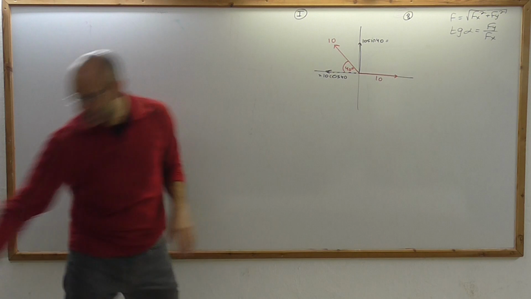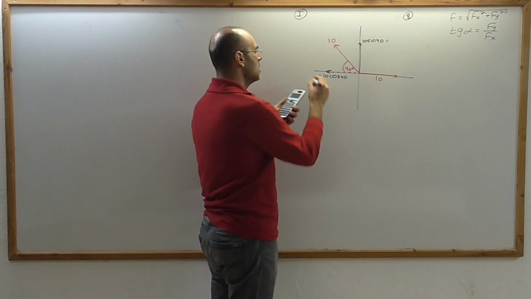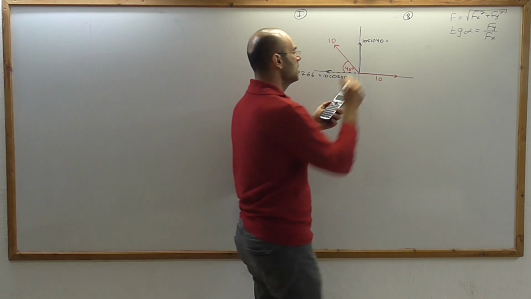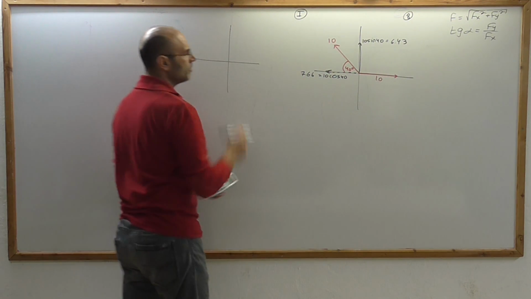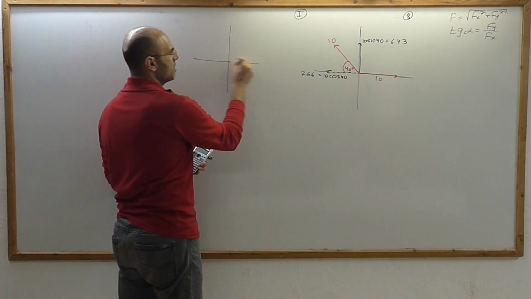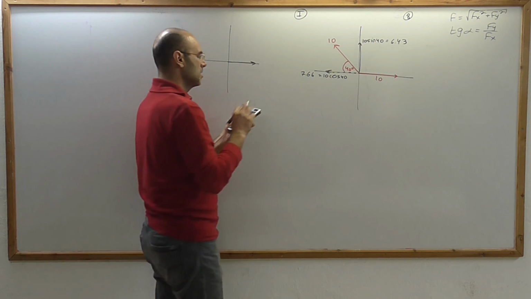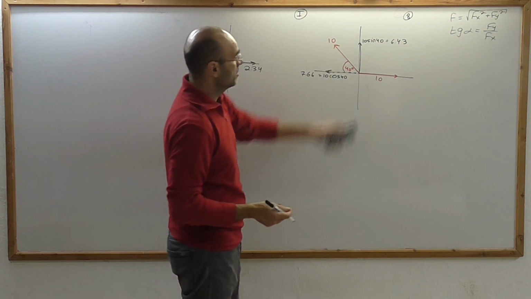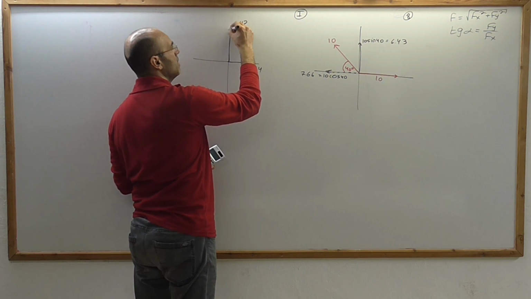Let's go to the calculator. 10 cosine 40 is 7.66. 10 sine 40 is 6.43. So, someone pulls it by 10 here, 7.66 here, so this will win by how much? 10 minus 7.66, 2.34. Upwards, it will be 6.43. Why?